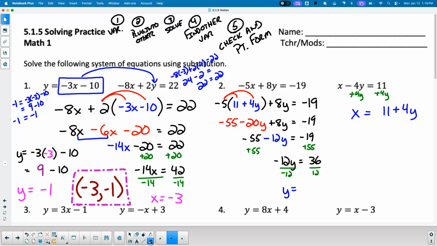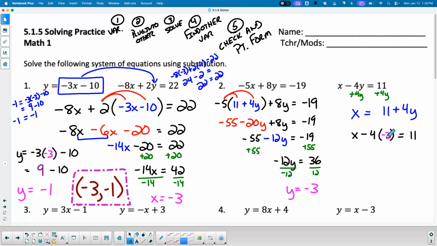oops, wrong color. I get y equals negative 3. If y is negative 3, then I can go on to step number 4, and I can say x minus 4 times negative 3 has to be 11.